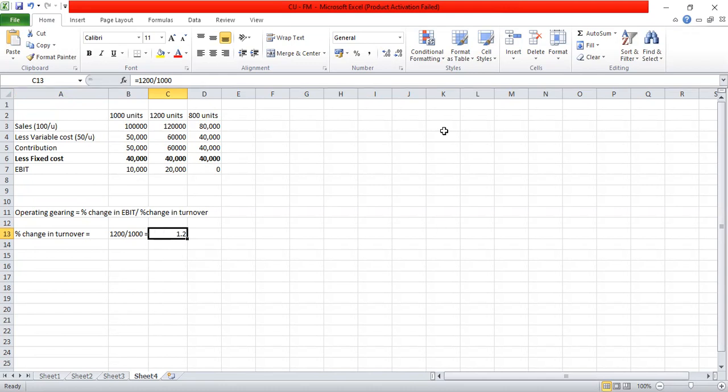How can we calculate it? I'll do the explanation here. See, 1000 units is 100%. If this is 100%, how much is the difference? The difference is on account of 200 units. So this 200 unit difference is the percentage change.